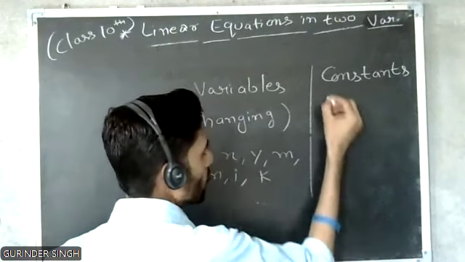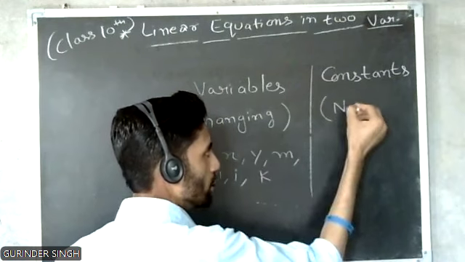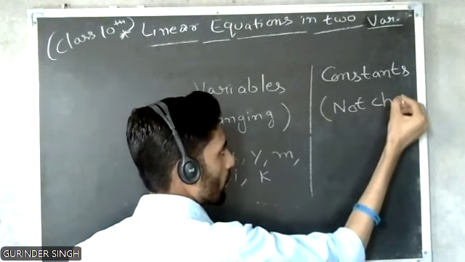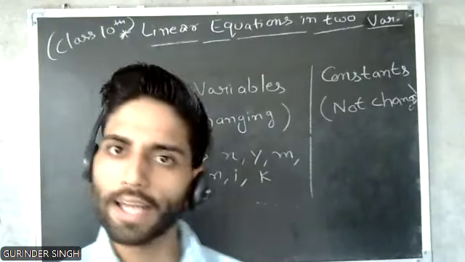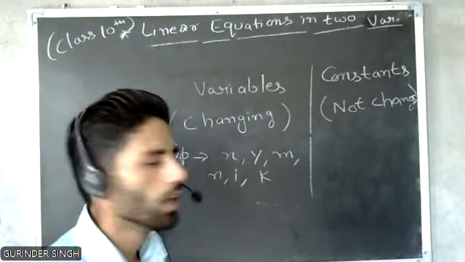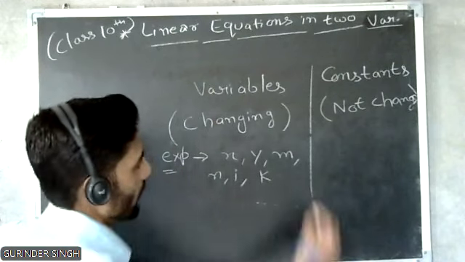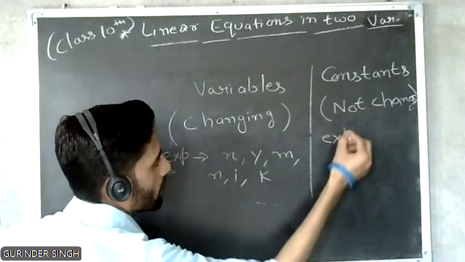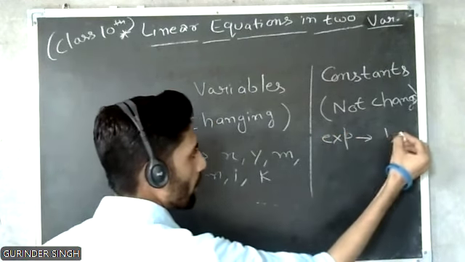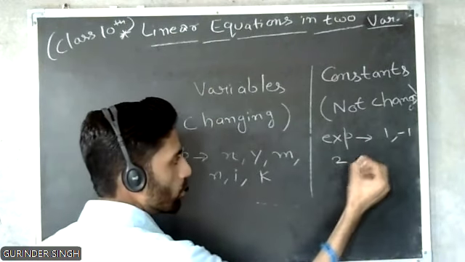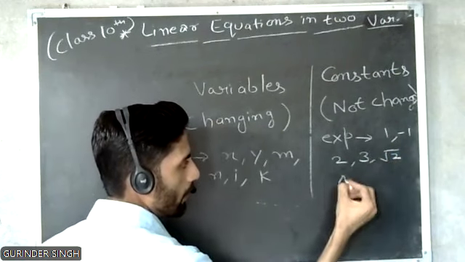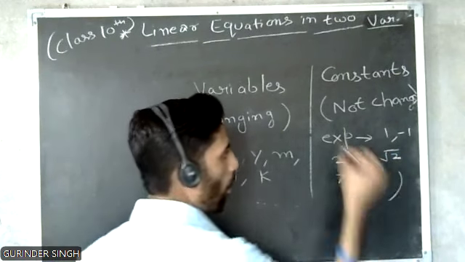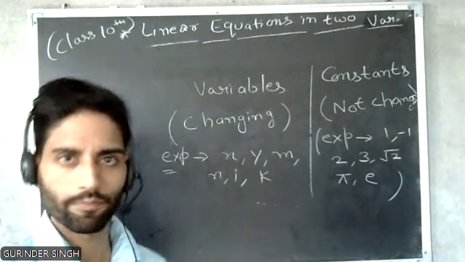And next is constant, which does not change. It's something that does not change its value in any circumstances. What are the examples? 1, -1, 2, 3, under root 2, pi, e. These all are constants.